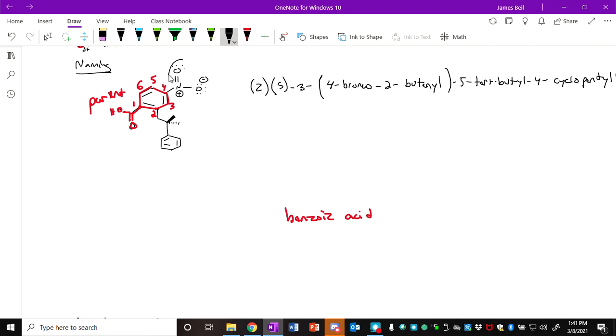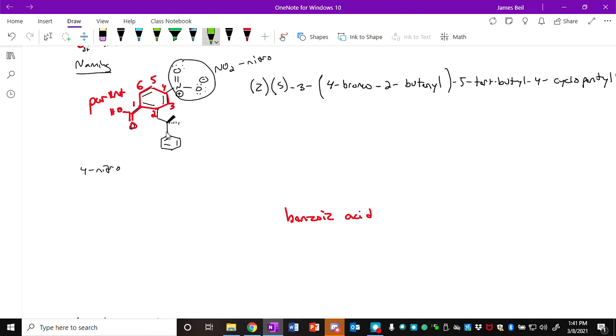What's the name of this group on 4? Well, this is just a fully drawn out nitro group. It's really just an NO2, and the name for that is nitro, and that's introduced in this aromatic section. So I've got a nitro on 4, and on 2, what do I have here?